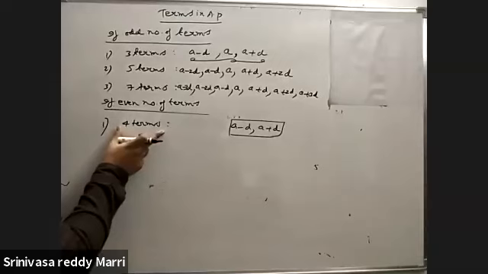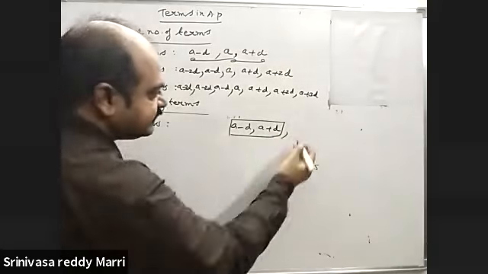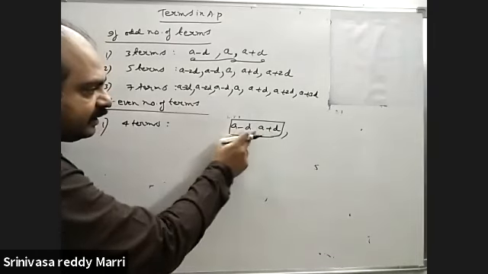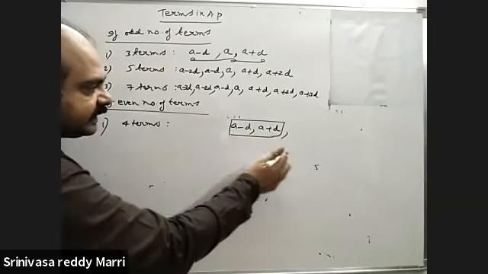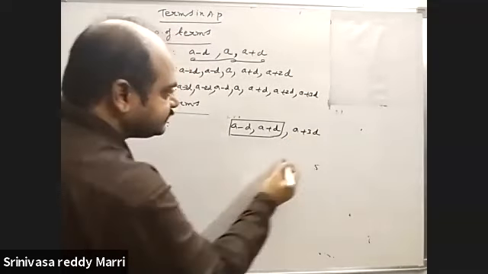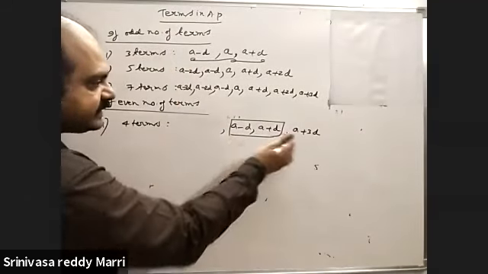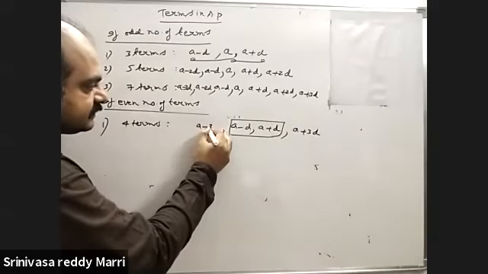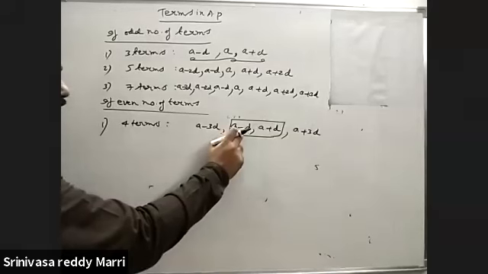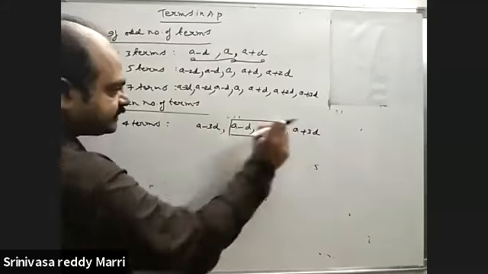Excluding these two, there will be 2 terms, one on that side, one on this side. One on that side means add 2D, because the common difference between middle terms is 2D. So this side A plus 3D, and whatever is on that side, just minus. So the terms are taken as A minus 3D, A minus D, A plus D, A plus 3D.